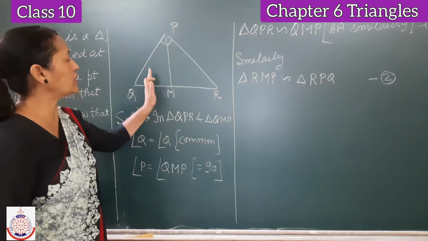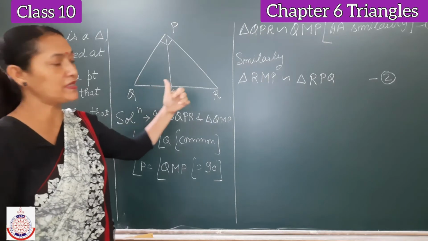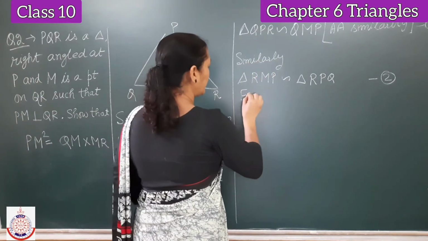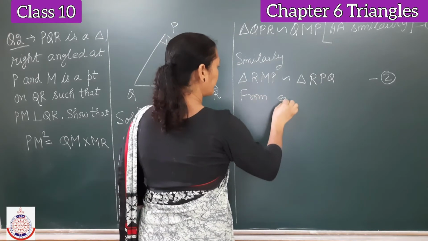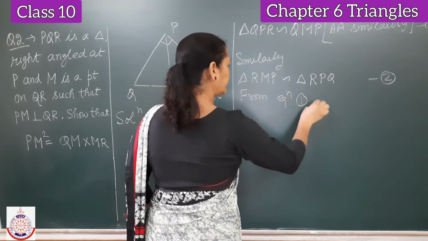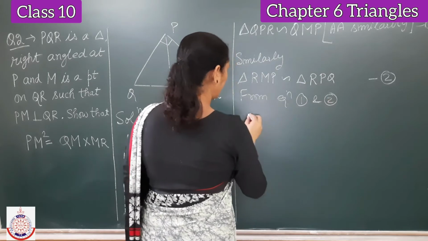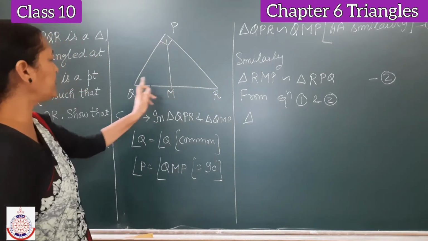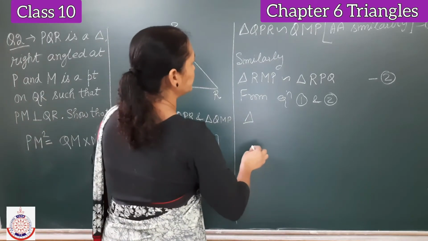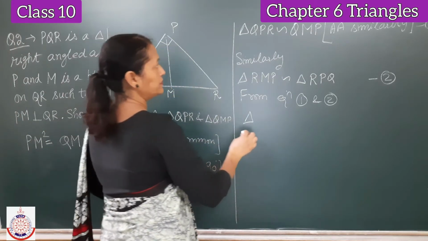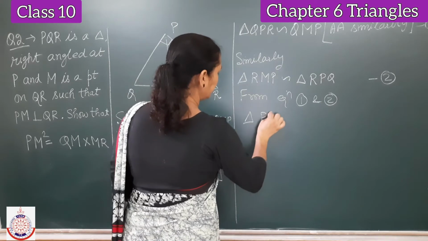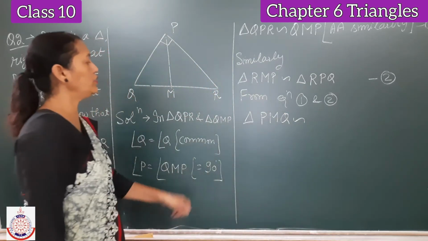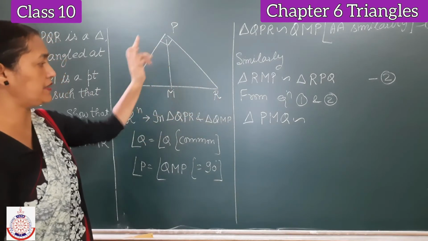If both the smaller triangles are similar to the bigger triangle, that means they are similar to each other. From equation 1 and 2, triangle PMQ is similar to triangle RMP.